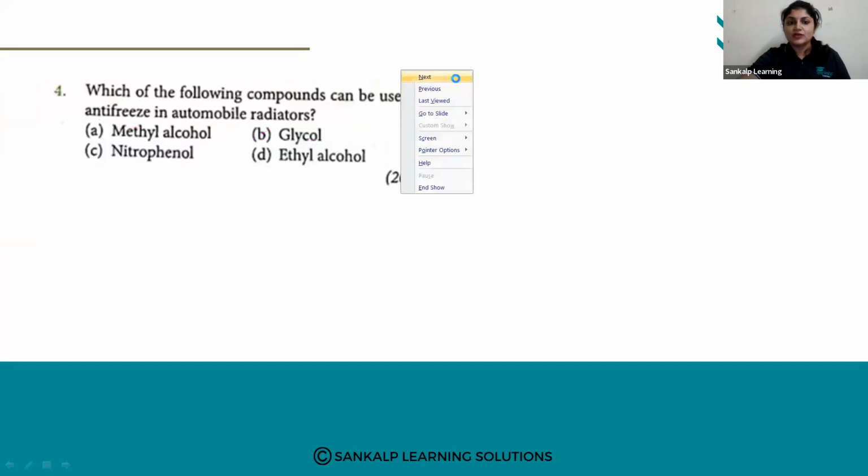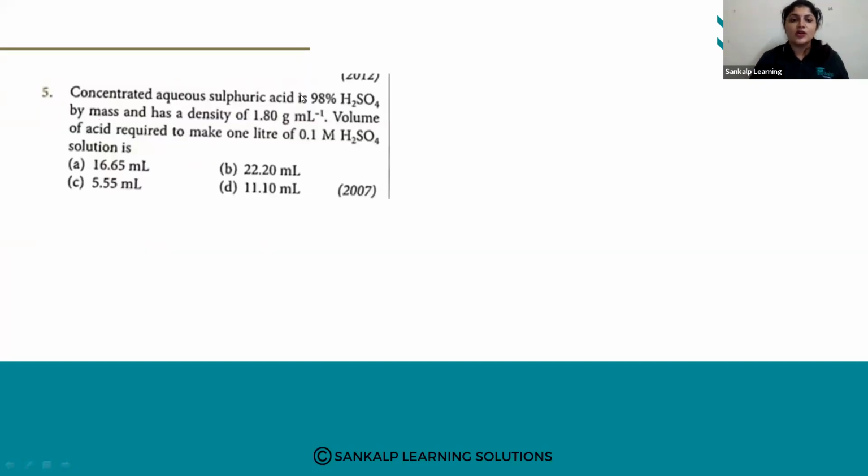Okay, so next question. Concentrated aqueous sulfuric acid is 98% H2SO4 by mass and has a density of 1.80 gram per ml. The volume of acid required to make 1 liter of 0.1 molar H2SO4 solution is... These are the options.